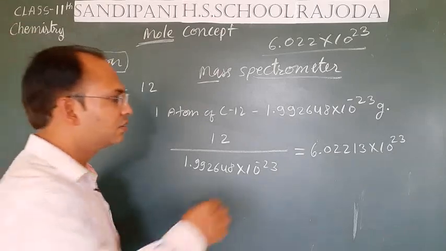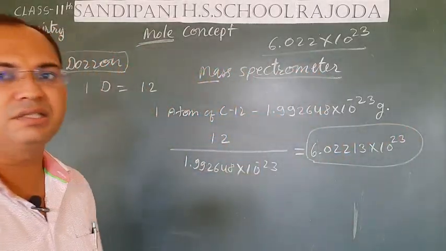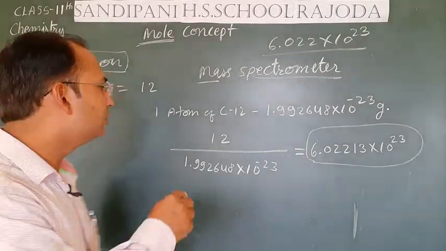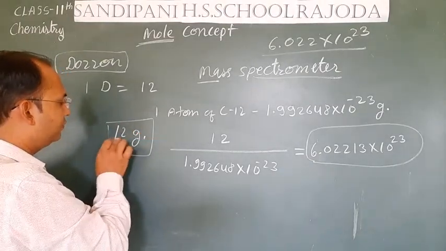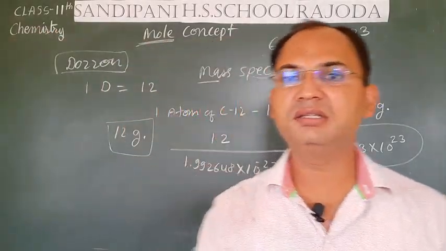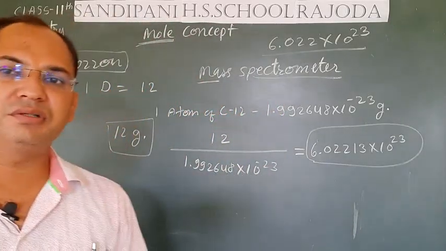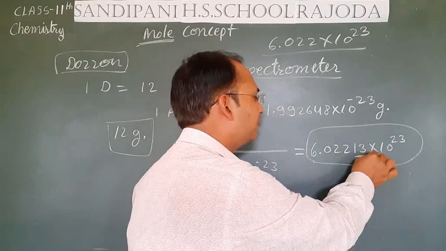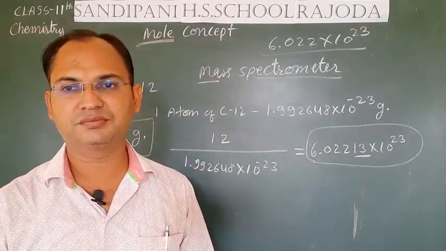That means this is the number of particles present in 12 gram of C12 atoms. If we measure 12 gram of carbon 12 isotope atoms, then the number of particles there will be equal to 6.02213, and we round it off to 6.022 × 10^23.